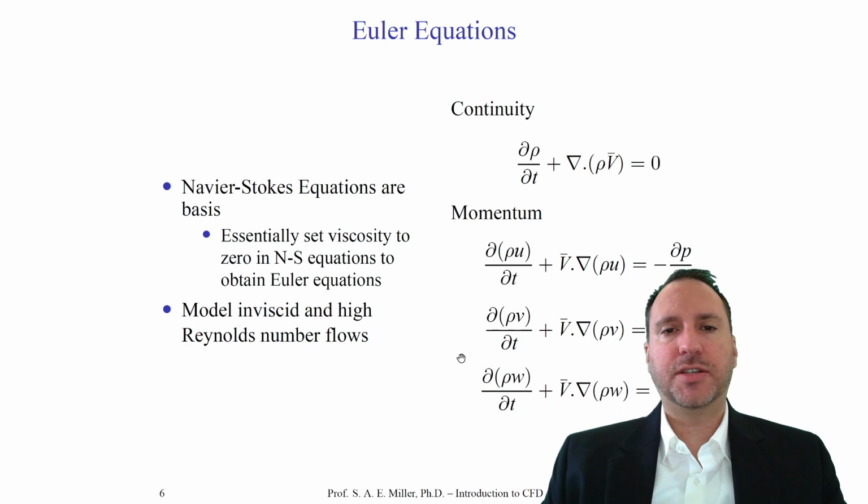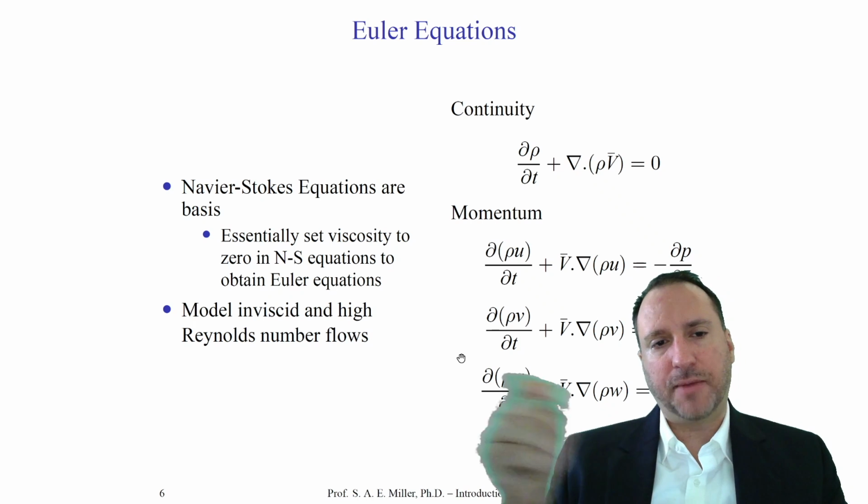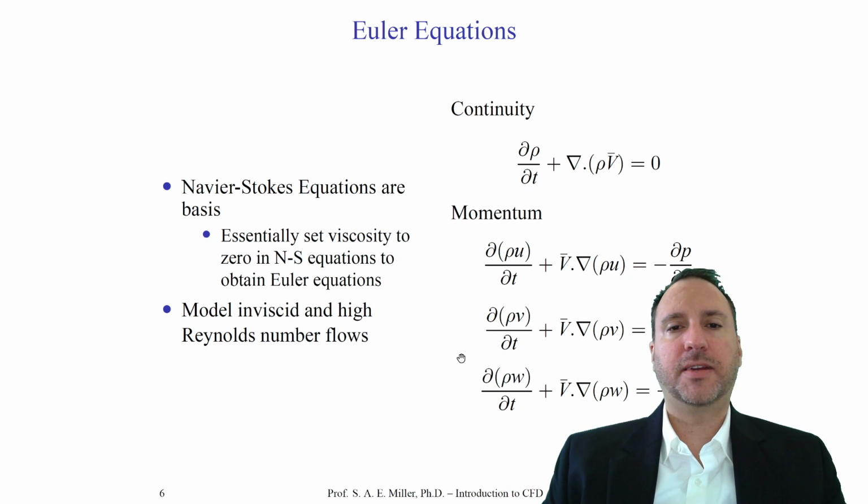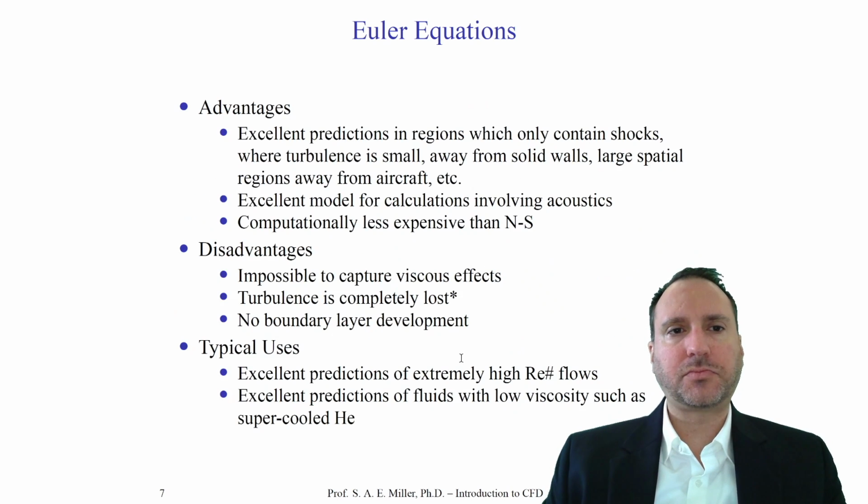There are many other applications though, and we'll be pointing these out for each set. These absolutely model inviscid fluids, that is, fluids without viscosity. Or they can also model and give very good solutions for flows with extremely high Reynolds number without any major areas of turbulence, if you will. Very high speed flows.